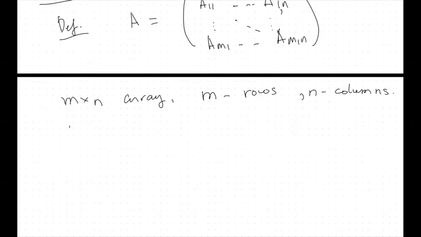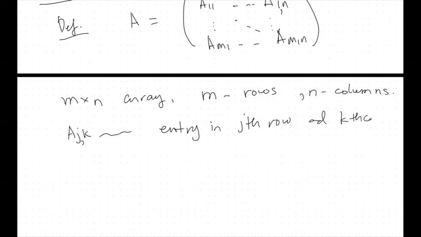The AJK here is the entry in the J row and K column of our matrix A.